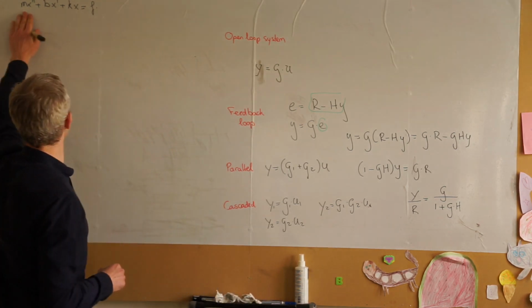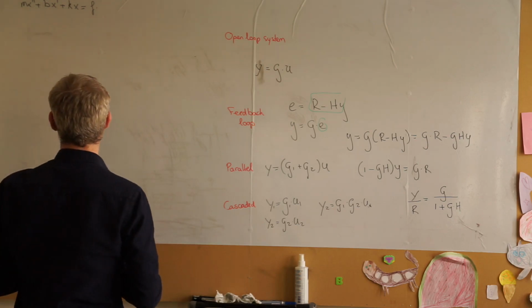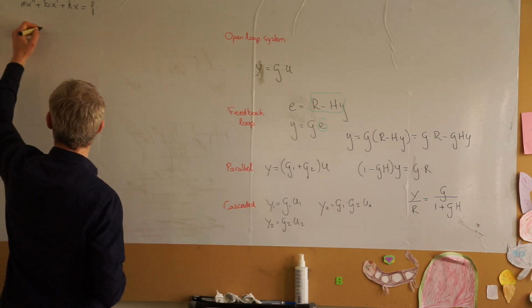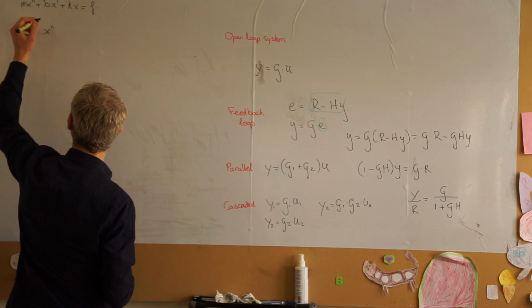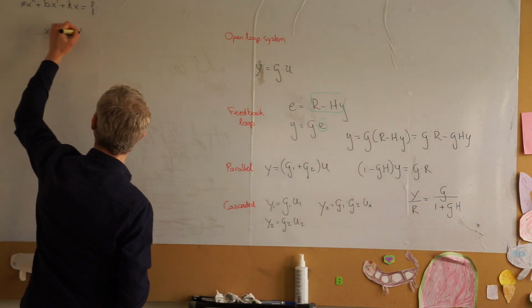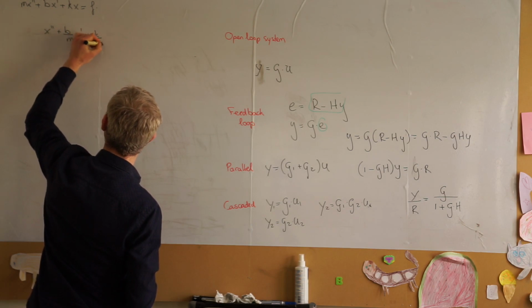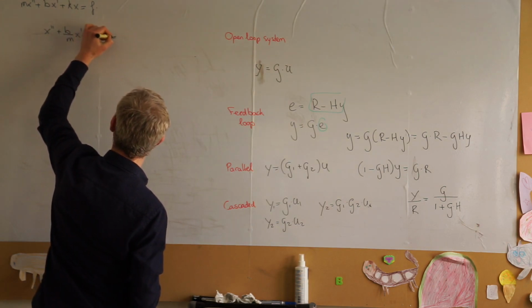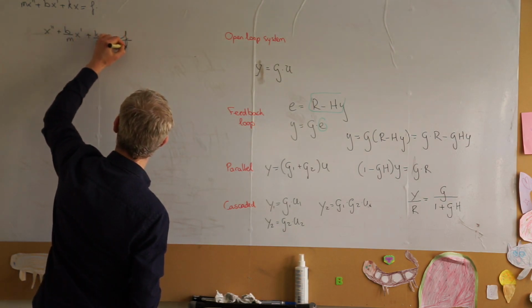I will first divide the whole equation by m, so I get x double prime plus b over m x prime plus k over m x is equal to f over m.